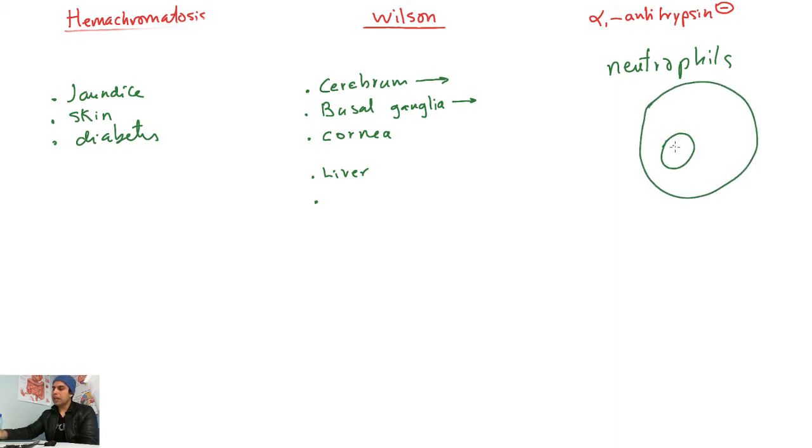The granules are filled with enzymes, such as elastase, trypsin, lipase and so forth, but nonetheless protease enzymes. So the granules of neutrophils store what? Protease. What do proteases do? They digest proteins.